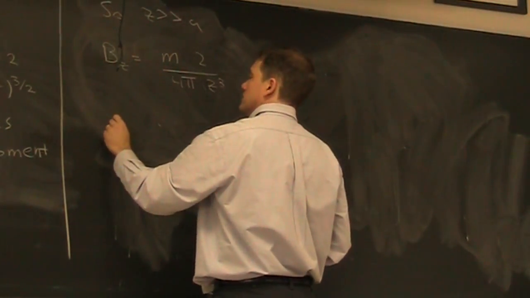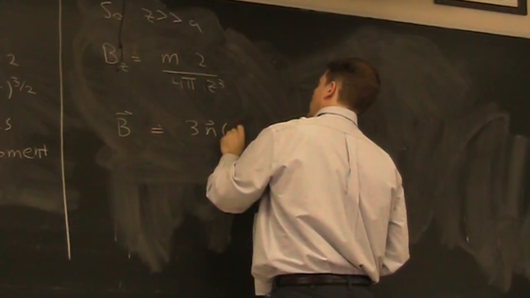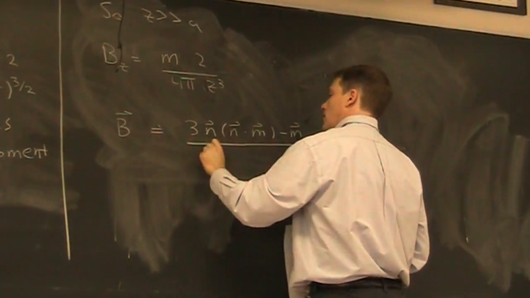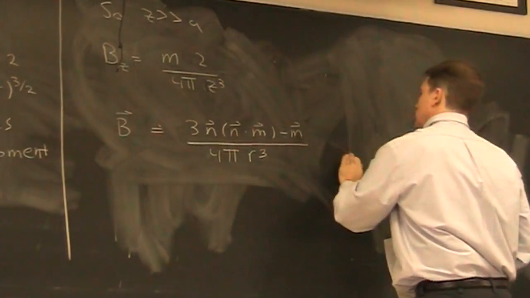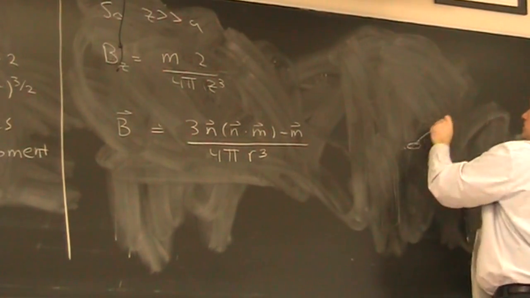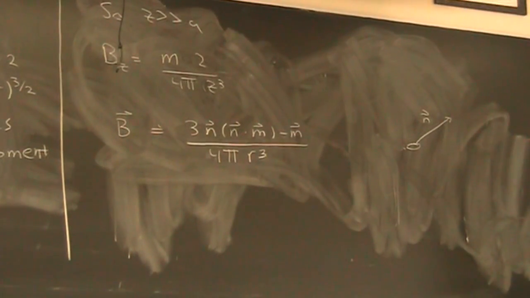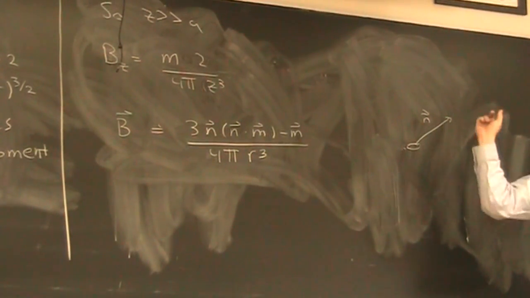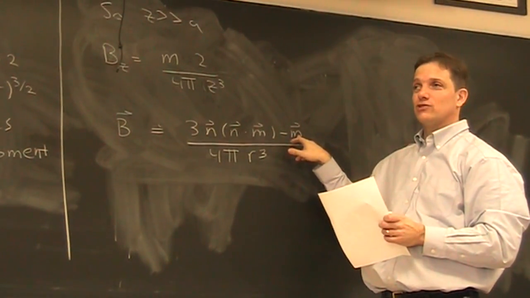And it turns out that B from a dipole is (3 n dot m times n minus m) over r cubed, where n is the unit vector in the radial direction. So at any point in the plane you expect this form. And you see that if n is exactly on axis, this becomes 3 minus 1, which is 2.